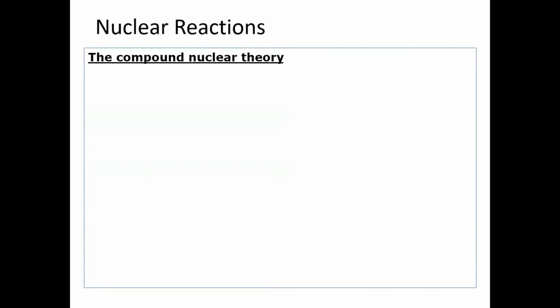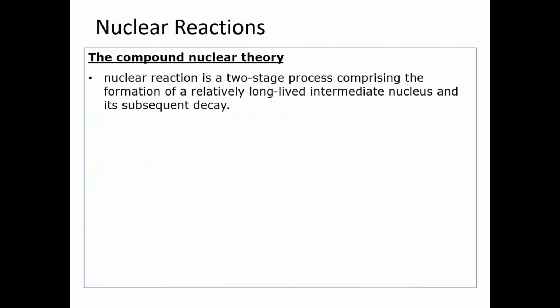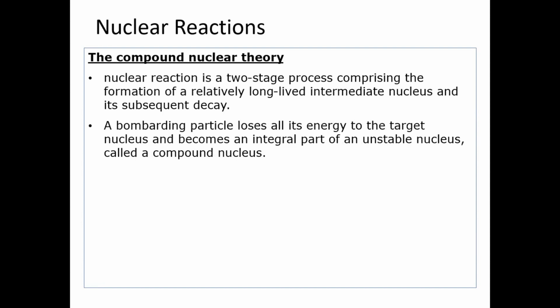One idea is the compound nucleus, and a nuclear reaction is basically a two-stage process which produces first a relatively long-lived intermediate nucleus, and then it decays into parts that are really more stable.